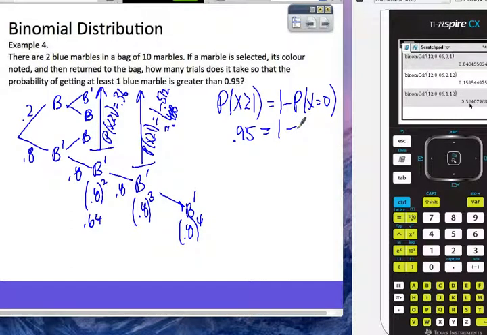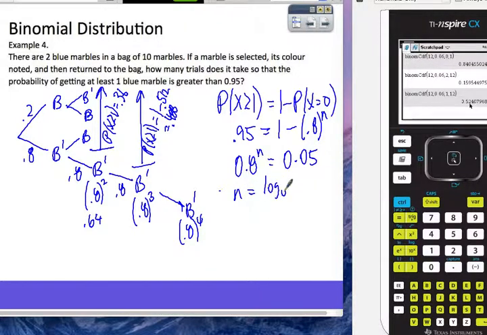And again, if you think back to the question that we did on the previous page, when x is 0, the probability is going to be 1 minus 0.8 to the number of trials. And we rearrange this equation. We get 0.8 to the n is equal to 0.05. And you can either put this in nsolve or logs. Logs is nice. This is going to be n.